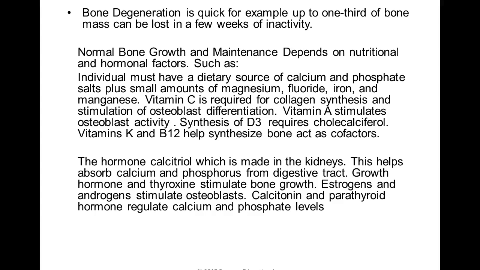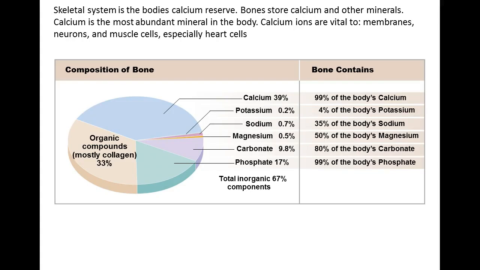Estrogens and androgens, which are the female and male sex hormones, stimulate osteoblasts, the building. Calcitonin and parathyroid hormone regulate calcium and phosphate levels, and we'll look at that in a minute.